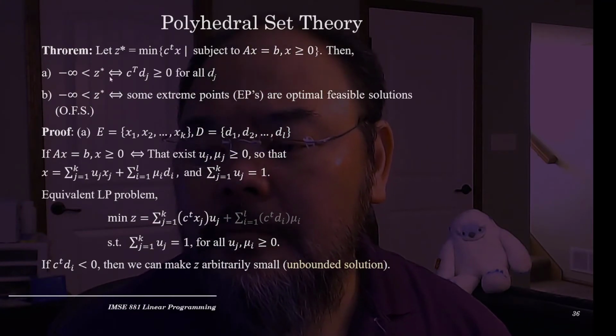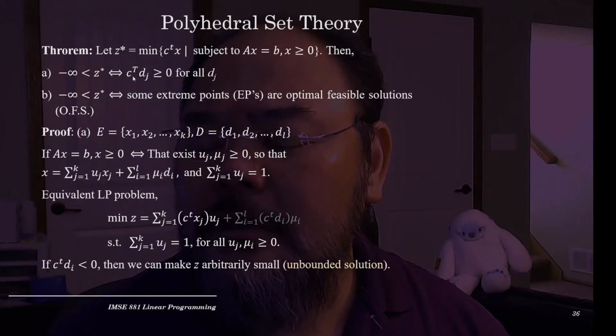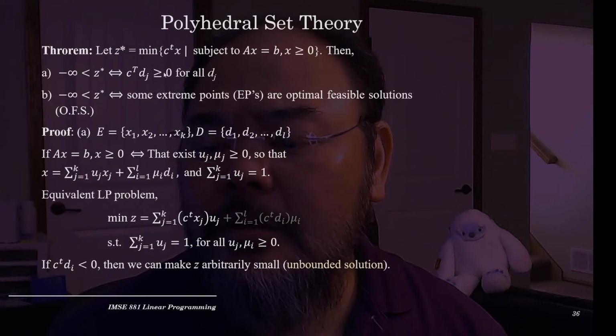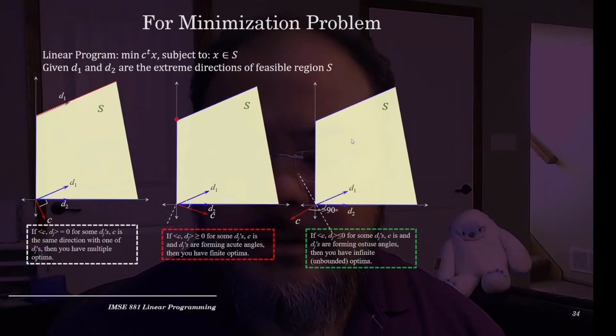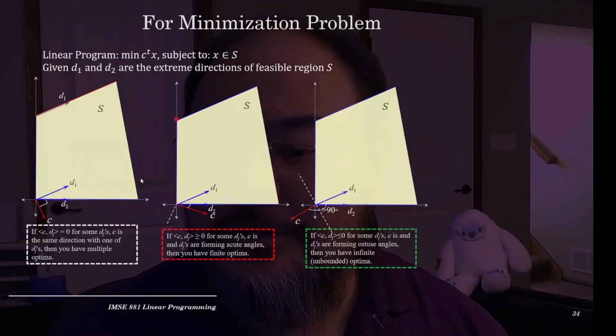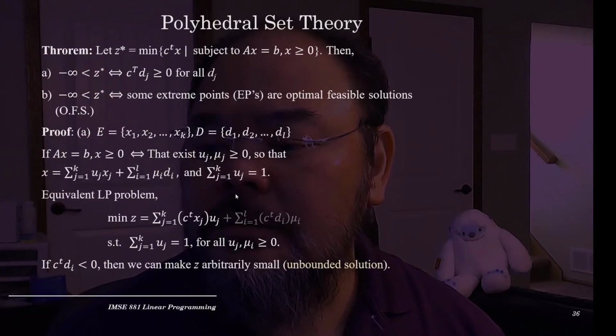Okay, is it bounded? If and only if C transpose times dj is greater than or equal to 0 for all the dj. So this is basically the condition in the middle.